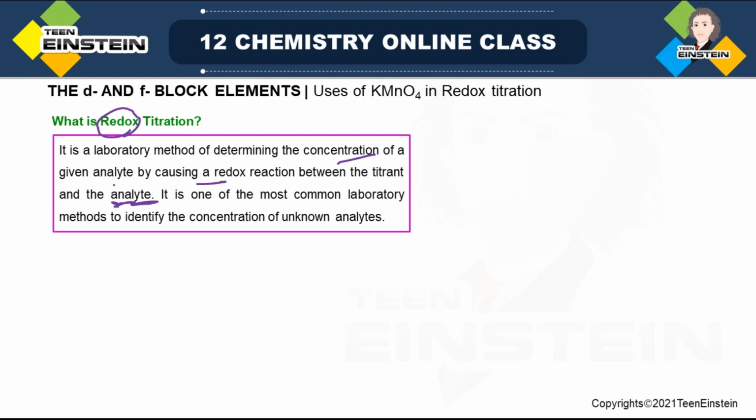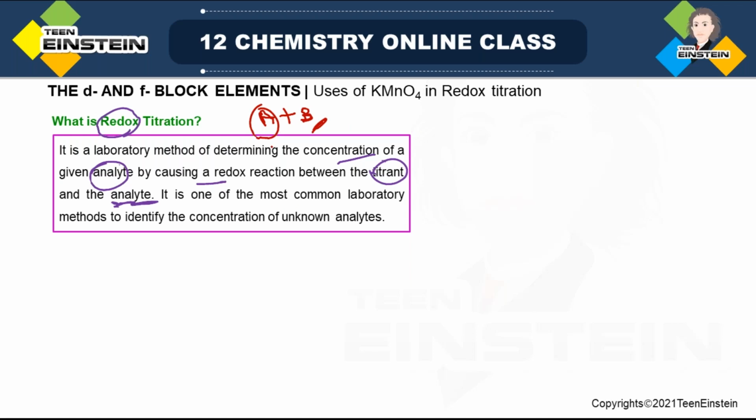So here you can see two words. One is analyte, another one is titrant. Suppose there is a reaction between A plus B. Now the concentration of A is known, but B is not known, and you want to know the amount of B that is actually present. So if you know the concentration of A, that will give you an idea of how much B is present.